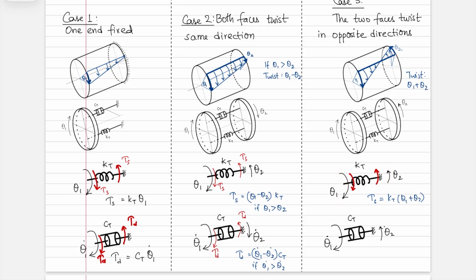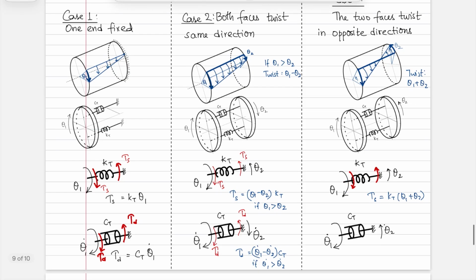Okay, previously it was in the direction of whatever was greater. Now in both cases it would be along that deflection that is shown. So this here is tau s, and now in the third case, for the damper, you have tau d is equal to Ct times θ1 dot plus θ2 dot, and again it's along the same direction for both ends. So this here is tau d.